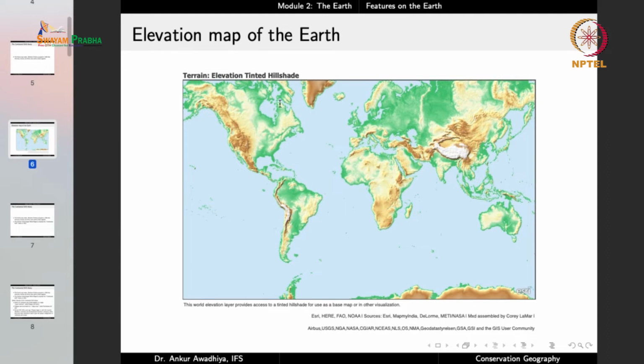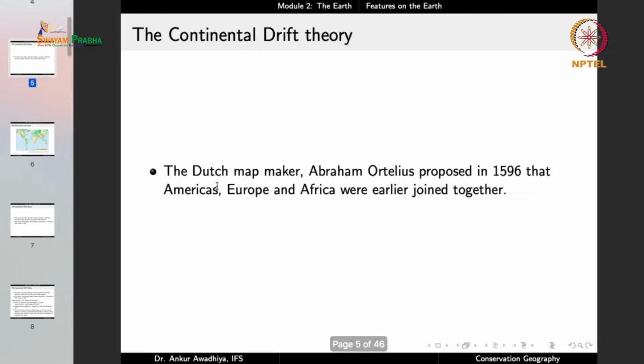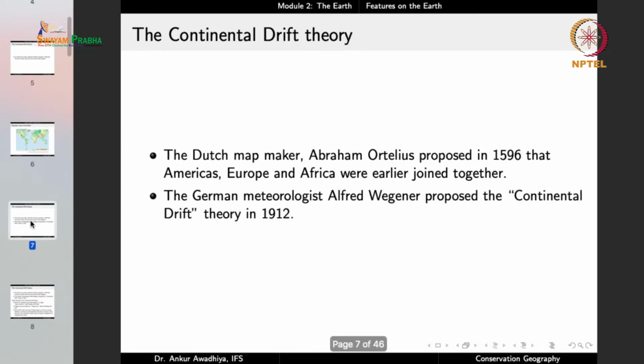Similarly, the portions in North America match some locations in Europe. So he had this hunch that probably sometime back in history, the Americas, Europe and Africa were all joined together. But he did not have a way to prove this.